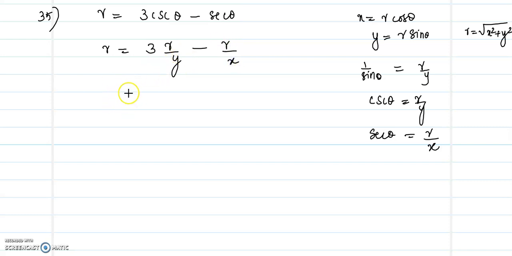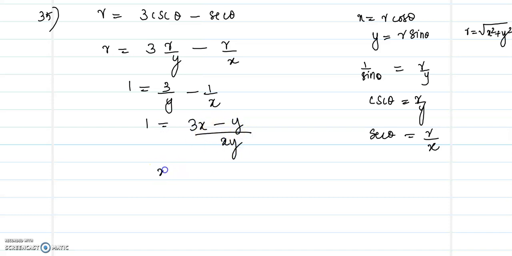Now cancelling r, we get 1 equal to 3/y minus 1/x. So this will be 1 equal to (3x minus y)/xy. So we will get xy equal to 3x minus y. This will be the equation in rectangular coordinates.